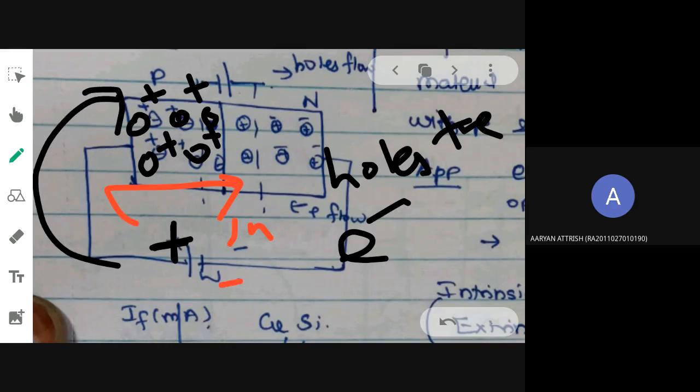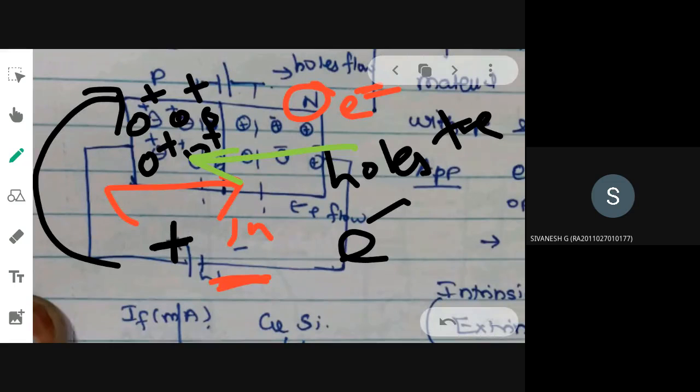Now here you have negative polarity. The majority charge carriers of N are electrons, which are again negative. Negative, negative: repulsion. So electrons will also try to move towards the junction.